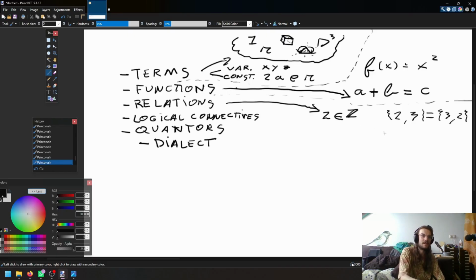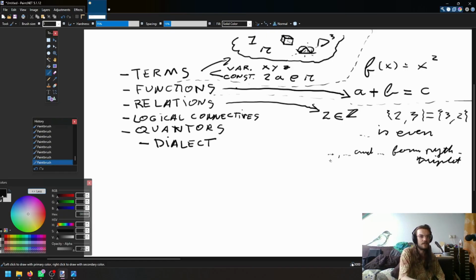I also gave the example of a one-ary relation, like is even, and I didn't have a three-ary relation, but I thought of one: Pythagorean triplets.